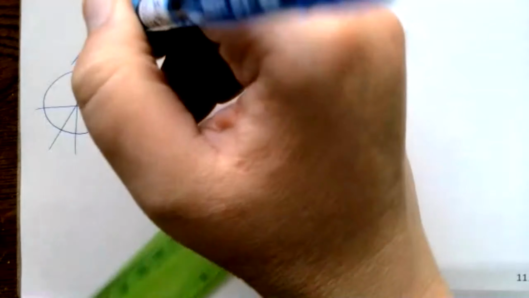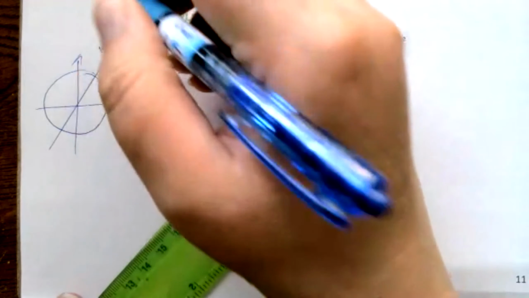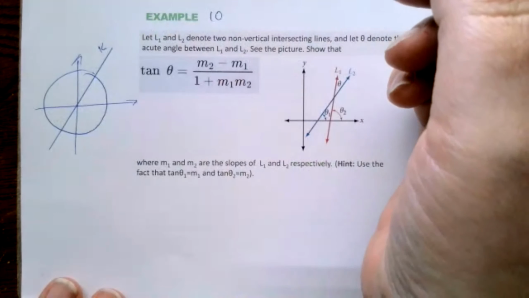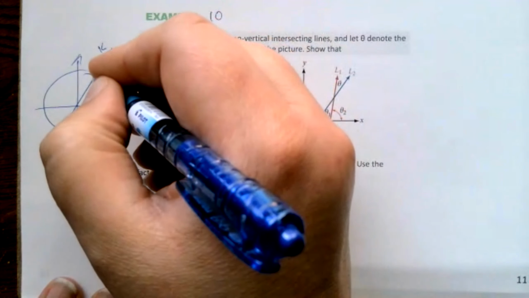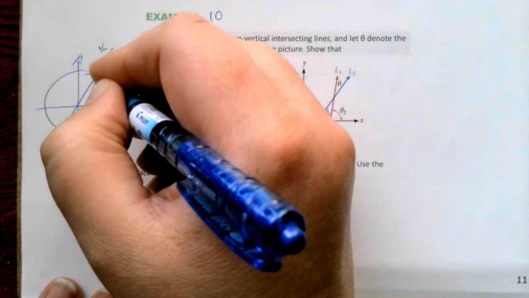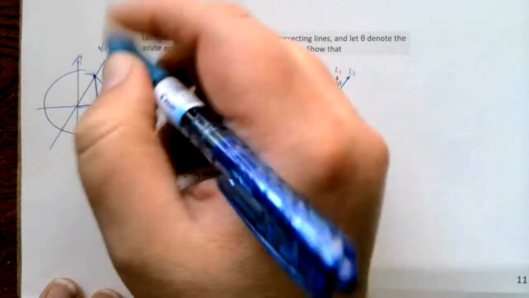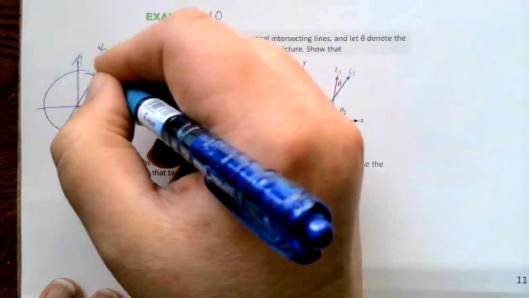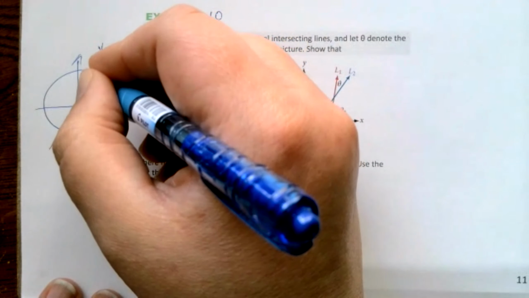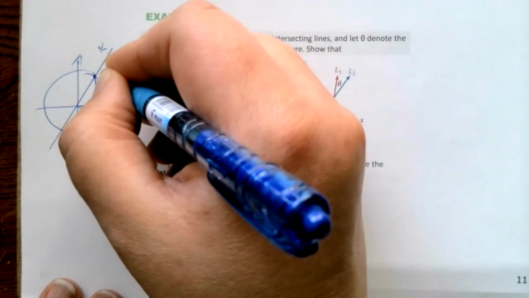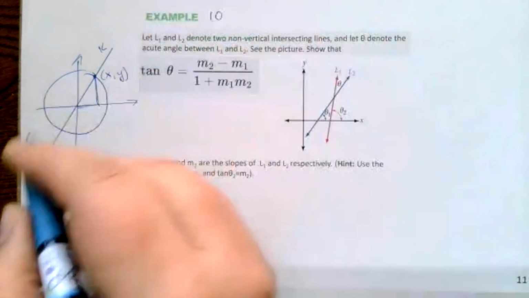Let's say we have a line that goes through the center of the unit circle like that. We're going to call it line K. Well, the point that this line forms when it crosses the circumference of the circle has basically coordinates x and y, which are cosine and sine, right?